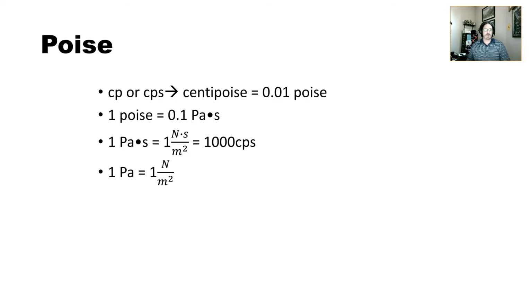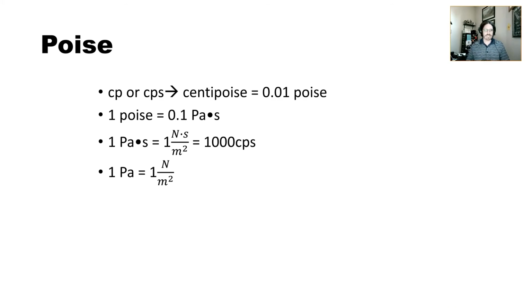All right, so we saw an example of viscoelastic-y stuff, and several examples in the experiment actually. So now let's talk about the units of Poise and the accepted abbreviations for centipoise, CP or CPS.